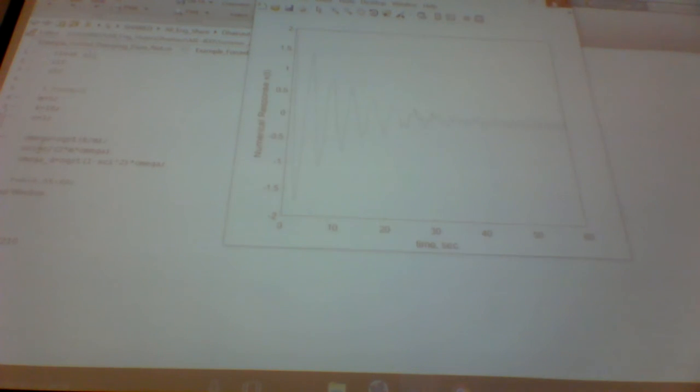Let's see now what happens if we open the file we had before, which is the forced vibration, this one. We didn't go and check, no? But if we run this one, okay. Let me change something here so we will go faster. What about we put 0.1 here, is that okay?